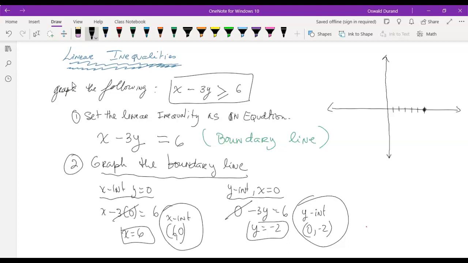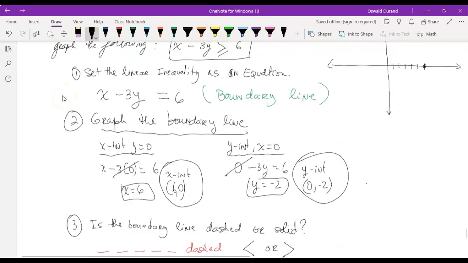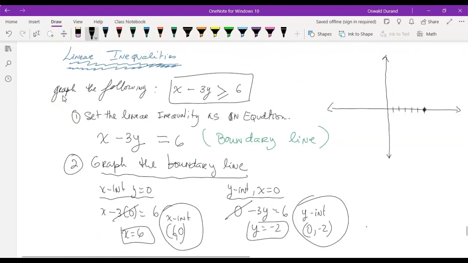And then the other one, the y-intercept, is at (0, -2). So 0, negative 2, and my other point is right here. So my line is going to go through those 2 points. I'm going to do my best to draw a straight line. That's my boundary line that goes through those 2 points. And it means that all the points on the line are part of the solution.